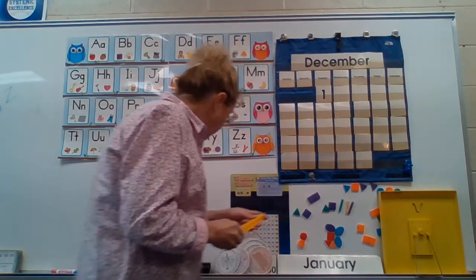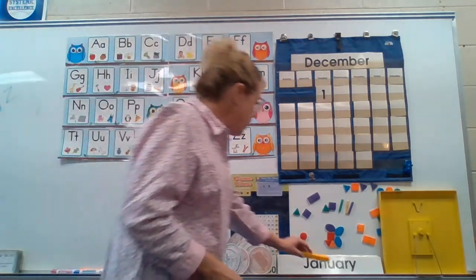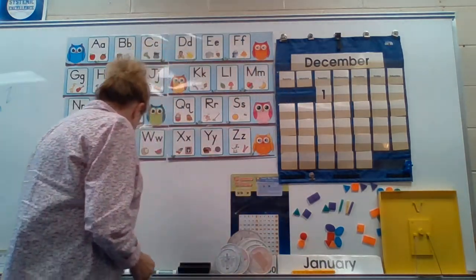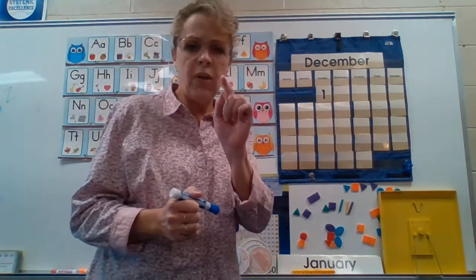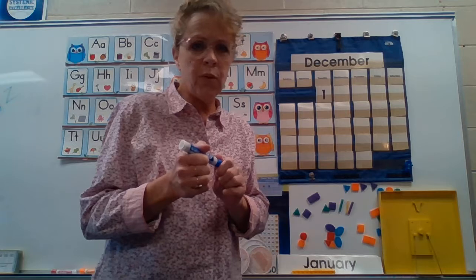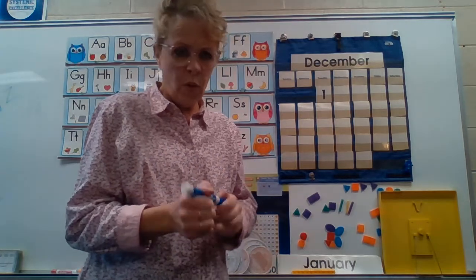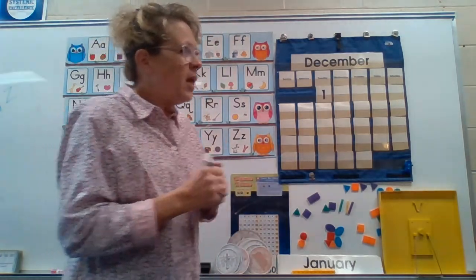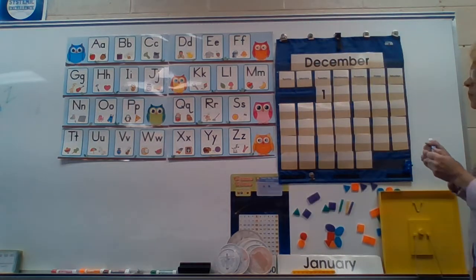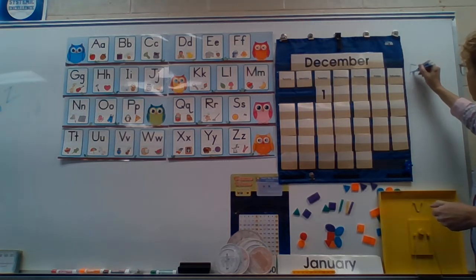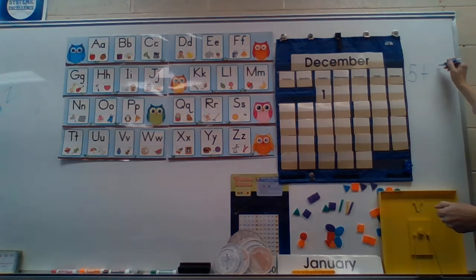So, now if you have your marker board and a marker today, let's do a couple of equations. Couple of number sentences on your marker board. All right, let's do 5 plus 5.